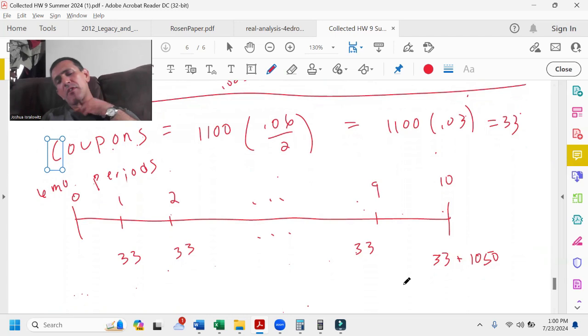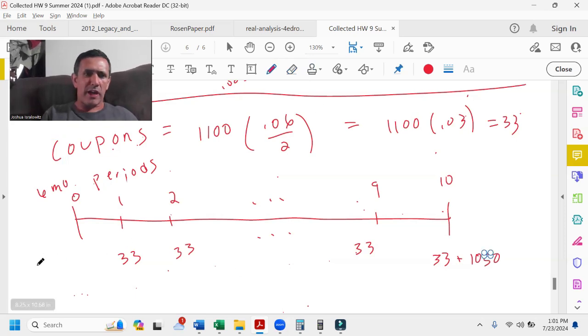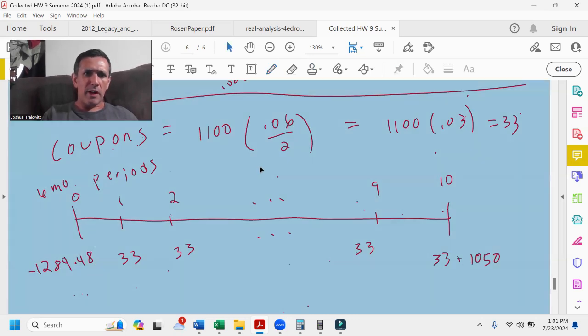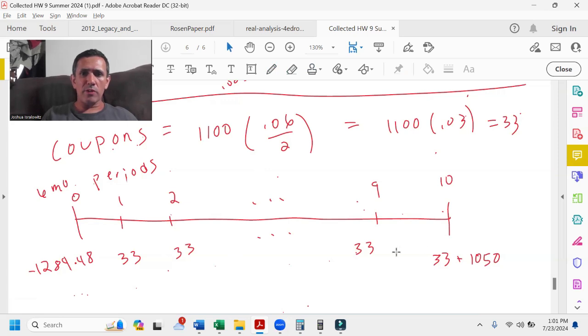We really haven't done cash flows yet. It's not super important for exam FM. But if you've heard of a cash flow, you can think of this as your cash flow. 1289.48 is what you're investing right now, and you get 1050 at the end because that's what you sell the bond for.